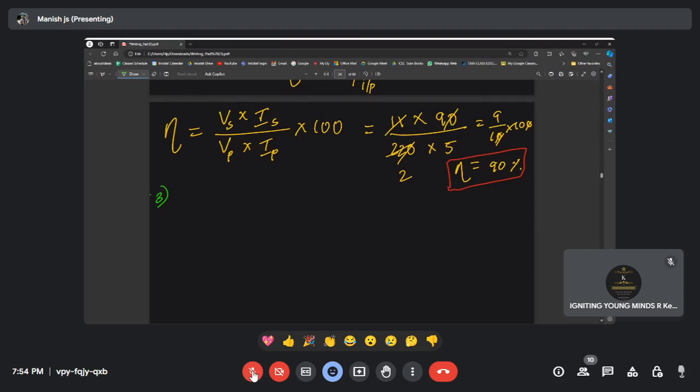So impedance of all three is important, and then efficiency of transformer, and coming to the transformation ratio. These are the areas from where questions are typically asked. So let's go to the next type of question.